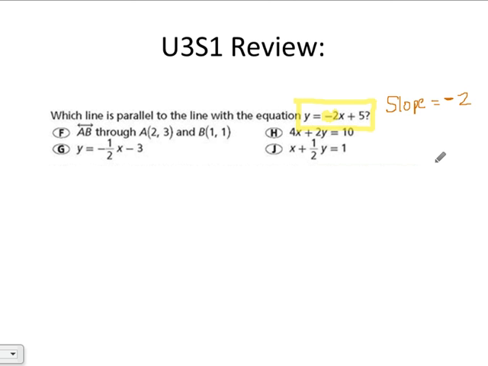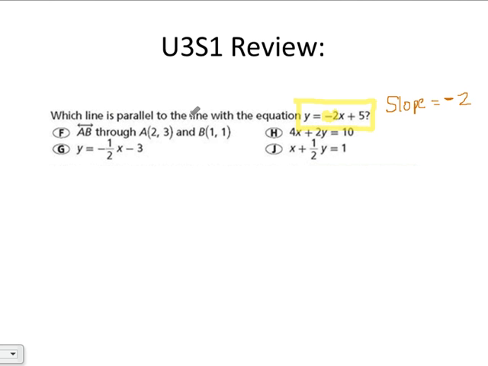It's not negative 2x. So now we need to figure out which of our choices below also has a slope of negative 2. This will be a great review of different ways to calculate slope given different types of information. For choice F, we're given 2 points, and we have to figure out the slope of a line that intersected those 2 points.